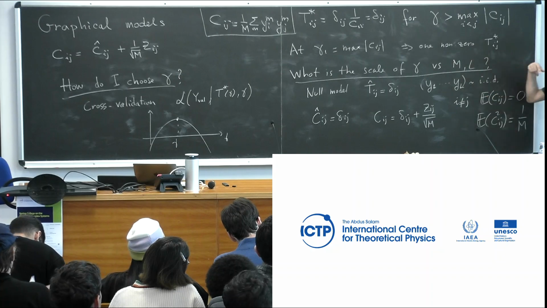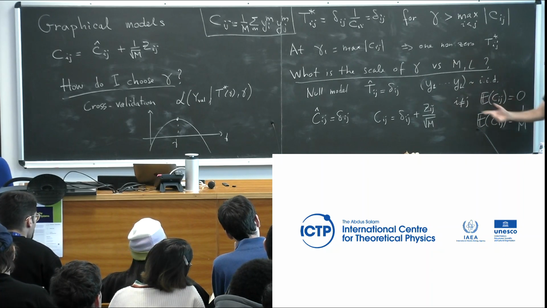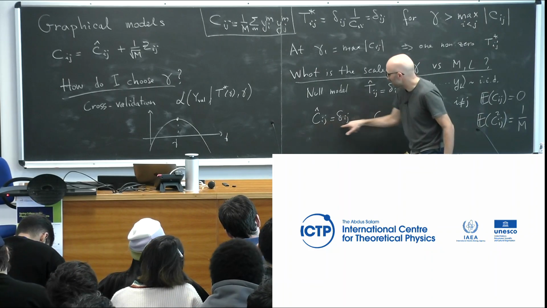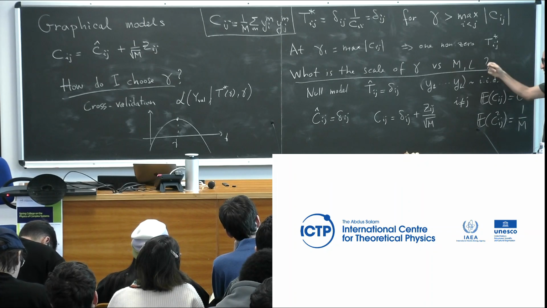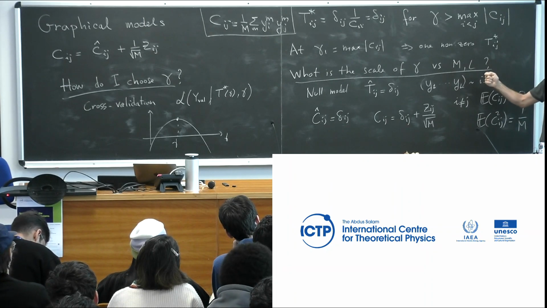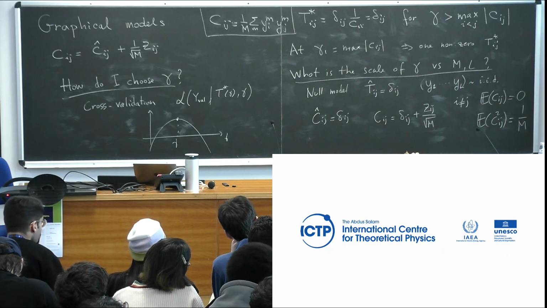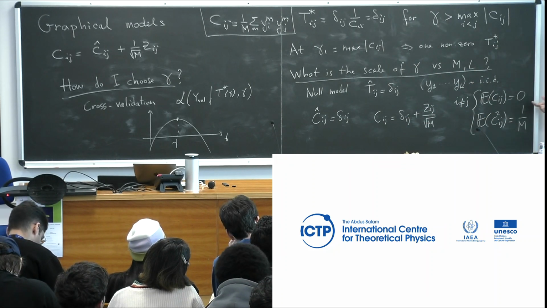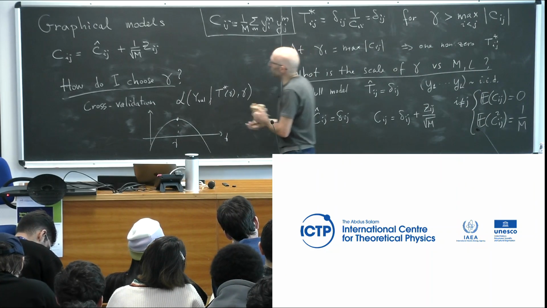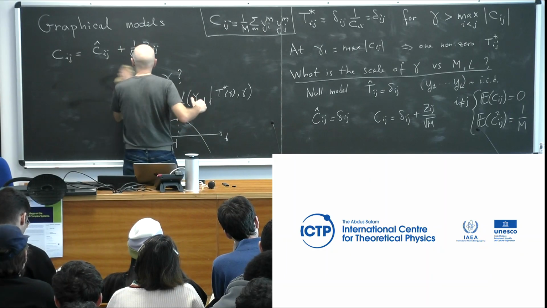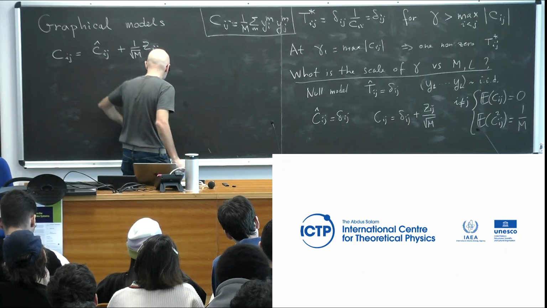If you check the notes of last week, we had computed the variance of z in general: it was C hat ii, C hat jj plus C hat ij squared. So if C hat is the identity, the variance of z is also 1, so you get 1 over m. So if you have pure noise, then the off-diagonal elements of Cij are Gaussian variables with zero mean and variance 1 over m.